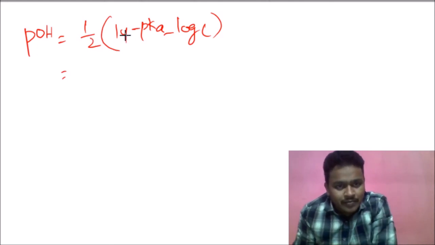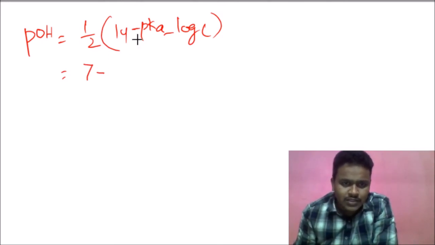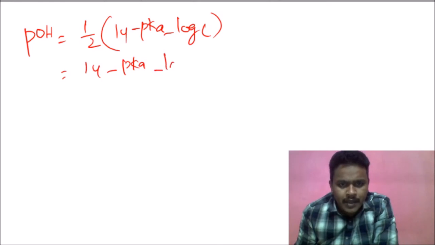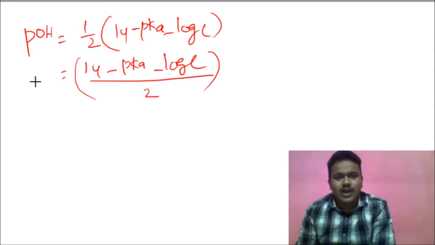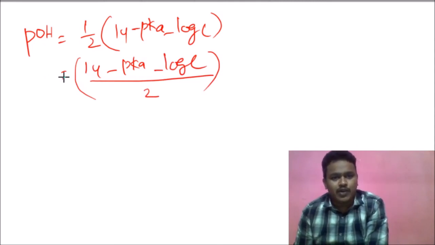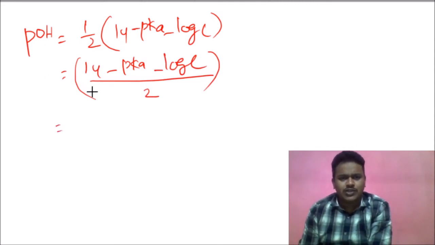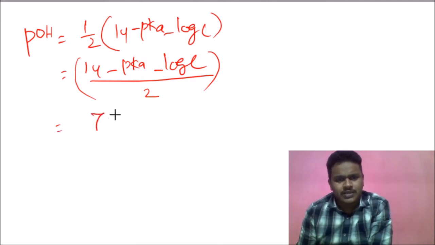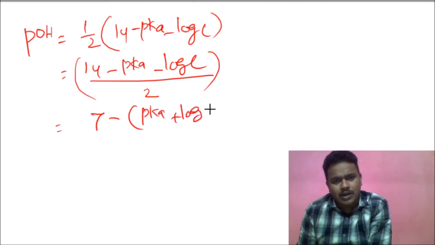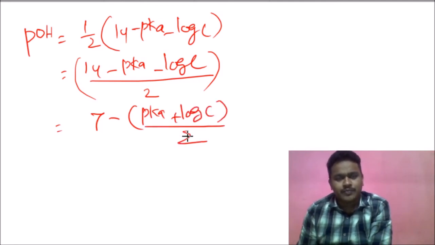What will happen? It will become 7. I will take common. Otherwise you can maintain same also, no problem. 14 minus pka minus log c by 2. This is what our pOH. If you want to shorten it, you can shorten. This will be 7 minus of pka plus log c by 2.